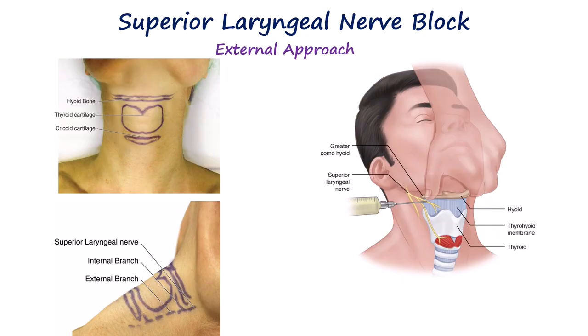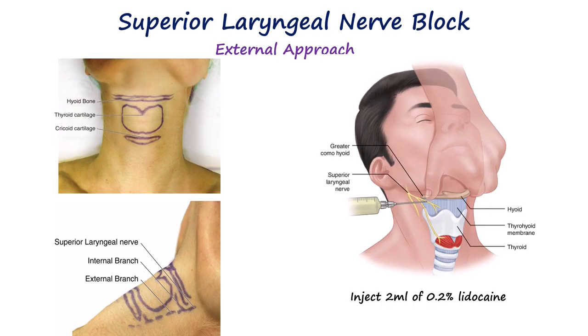Once the needle has made contact with the greater cornu of the hyoid bone, the needle is walked off the bone inferiorly, where 2 ml of 2% lidocaine is injected. This single injection will block both the internal and external branches of the superior laryngeal nerve.